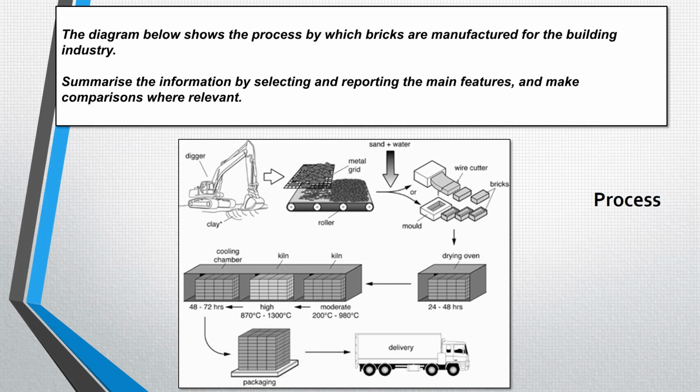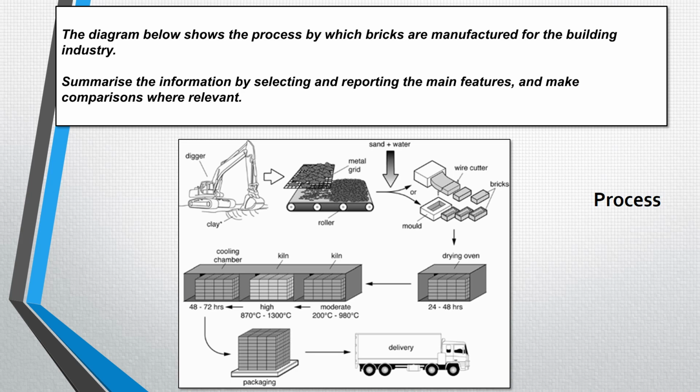Next we have a process question. Some people call these flowchart questions because essentially you see a form of flowchart with arrows indicating the direction of a process. Often it's a cycle, sometimes it's just a series of events, as in this case here.